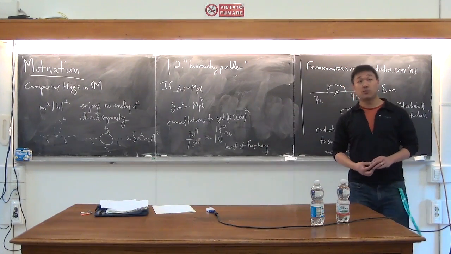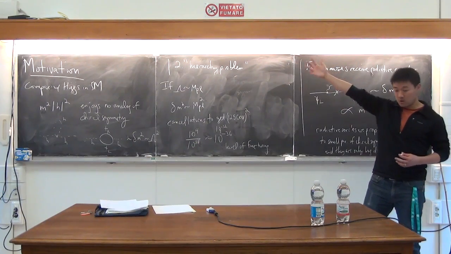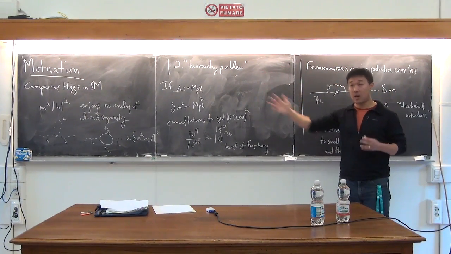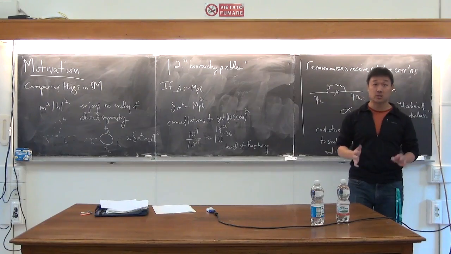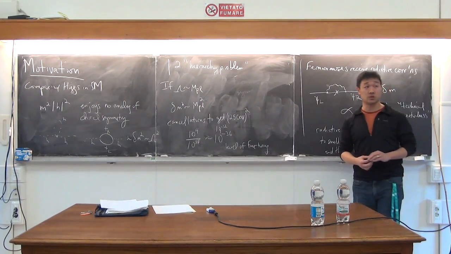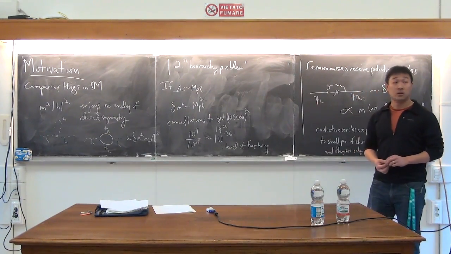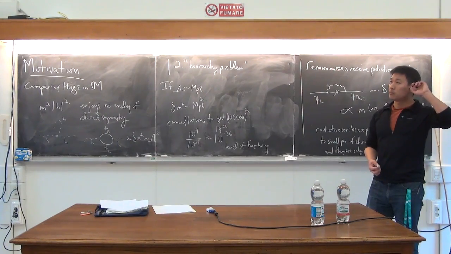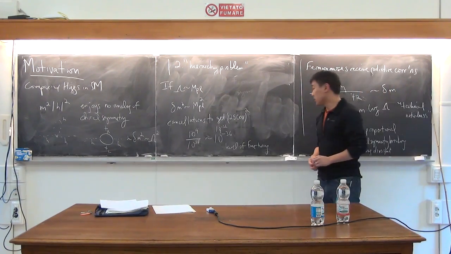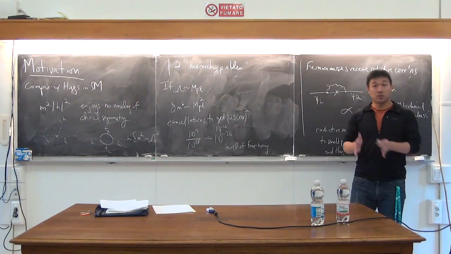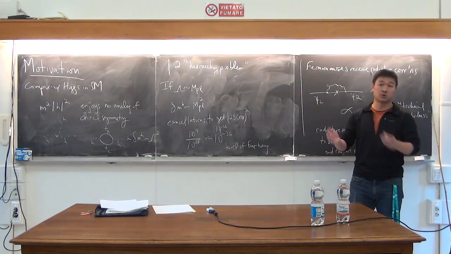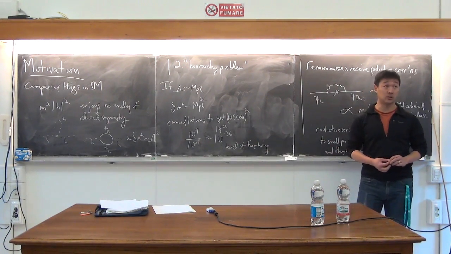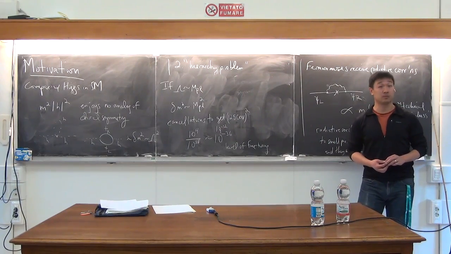For the cosmological constant problem, you don't see the cosmological constant in field theory. It's something that's intrinsically gravitational, and we don't really understand the theory of quantum gravity, so who knows, maybe there's some magic that happens at the quantum scale. We can't rule out that possibility.